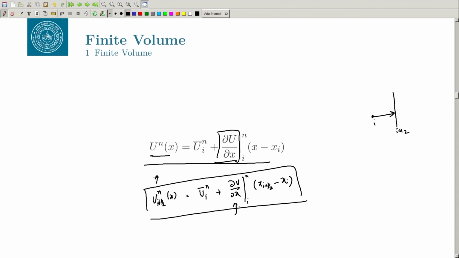Now, there are many ways you can think about how your value is varying within the cell. One is using a constant value. Let us say that I have 3 interfaces, this is 1, this is 2, and this is 3, and you have the cells here.